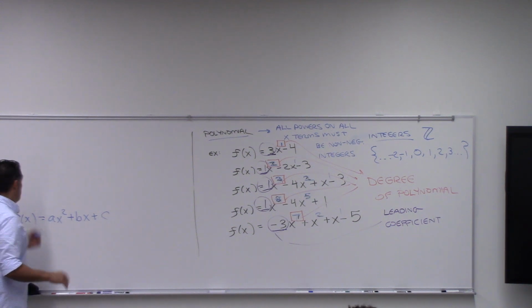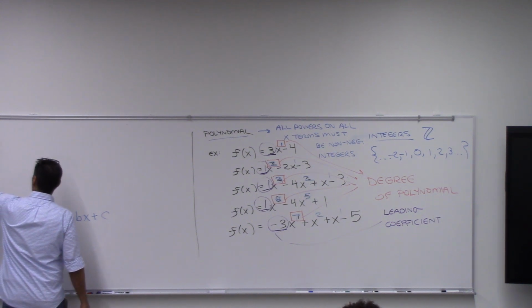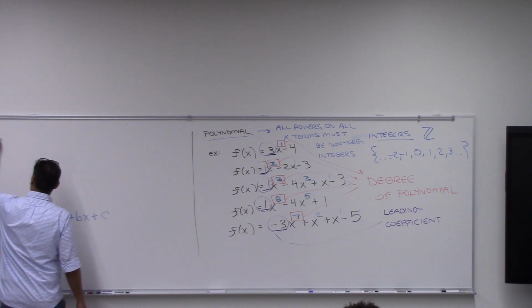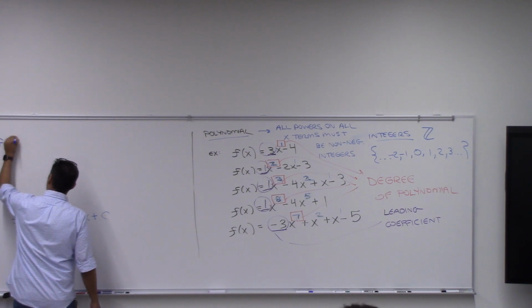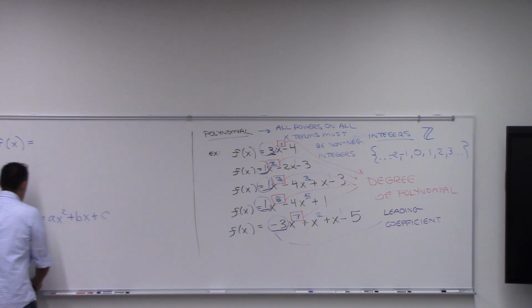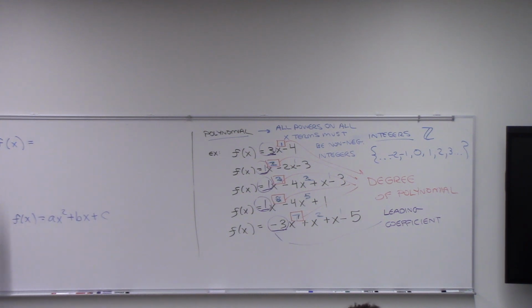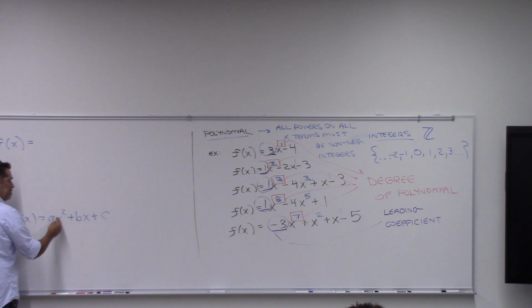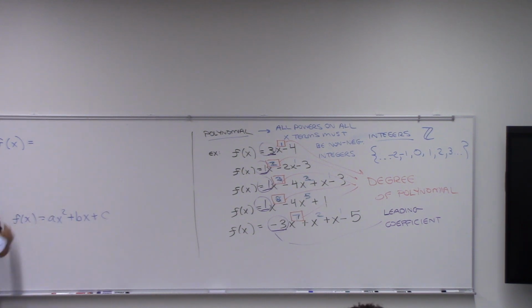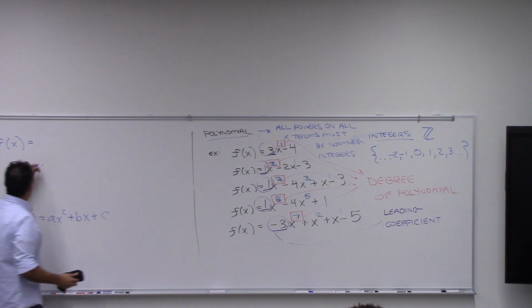And it's not going to be pretty. Here it is. I'm just going to write it. f of x equals, and just like here, the highest power of x is going to be first, and then I'm going to go down with the powers. So if this is a polynomial function, I'm going to have an x here.